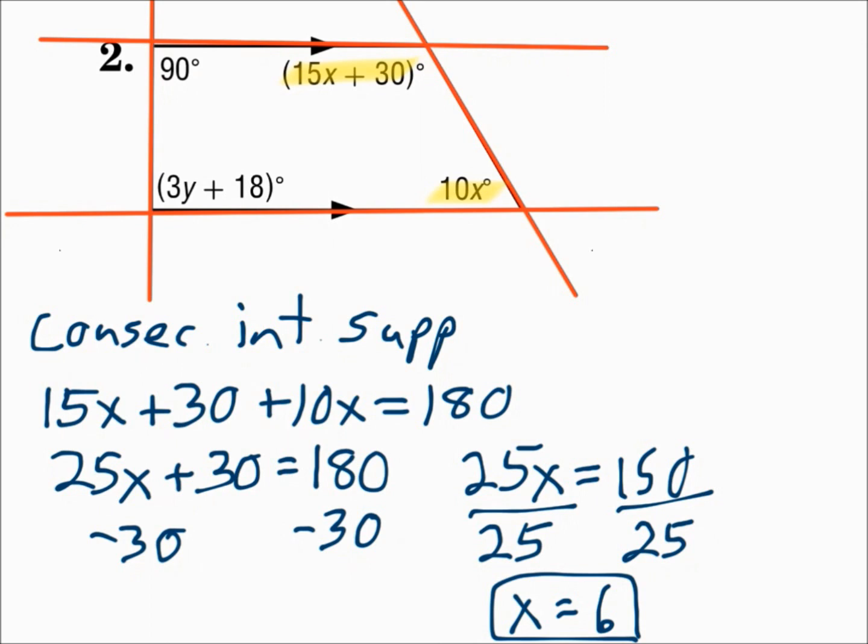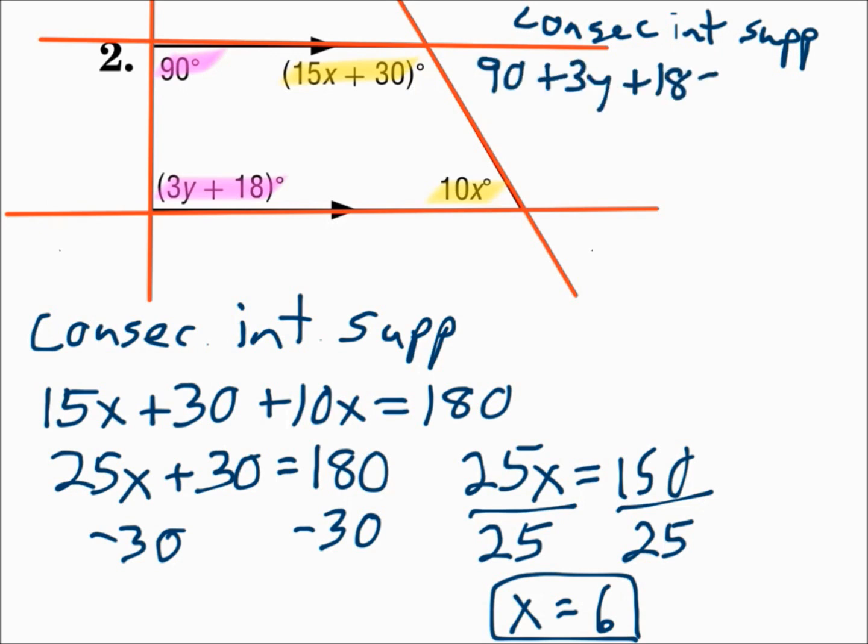The other 2 angles are on the other transversal. Those are also between the parallel lines on the same side of the transversal. So those are also consecutive interior angles, which are supplementary. So those angle measures add up to equal 180 as well. 90 plus 18 is 108.